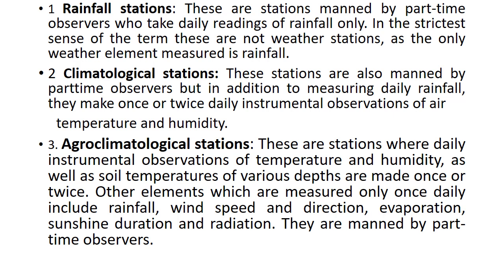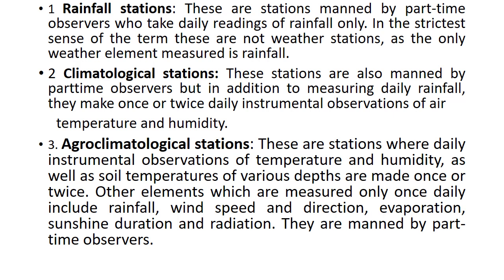The 4 types include: number 1, rainfall stations; number 2, climatological stations; number 3, agroclimatological stations; and then number 4, the last, synoptic stations. We will further discuss them one after the other, trying to explain what we mean by the various types of weather stations.